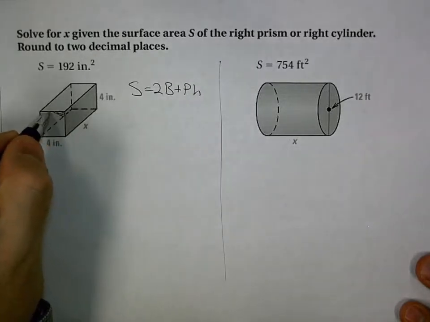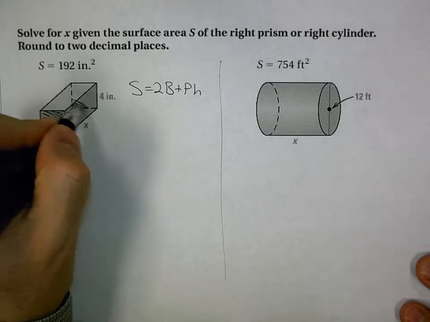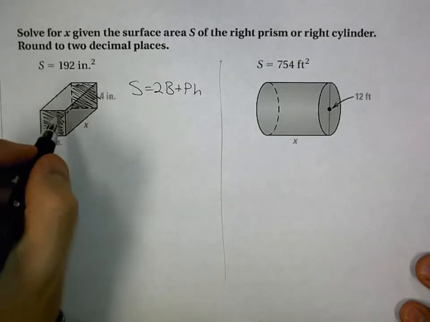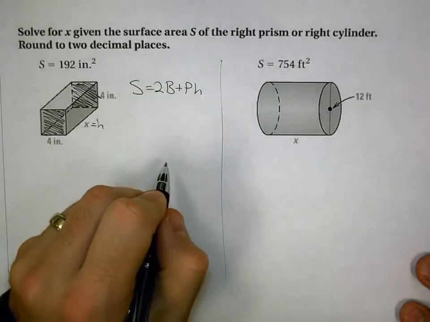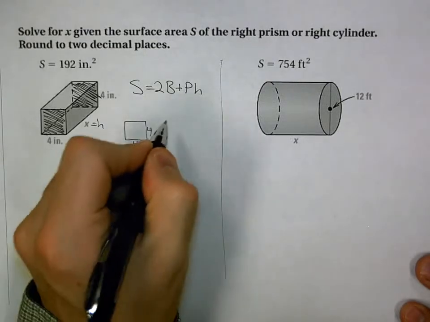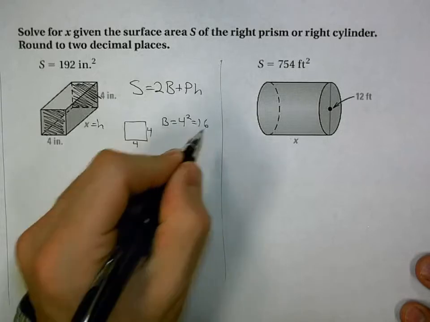And this also gets us used to realizing in a prism we have options for the bases that we choose. A rectangular prism, I should add. So I'm going to use those as my bases, because if I do that, x is now my height. My base is 4 by 4, so base area is 4 squared, or 16.